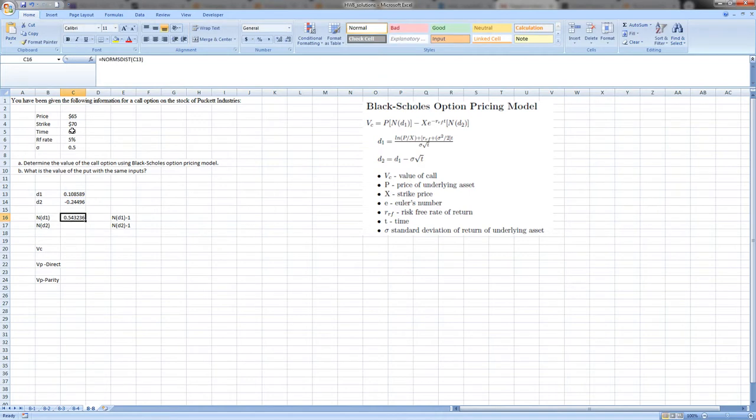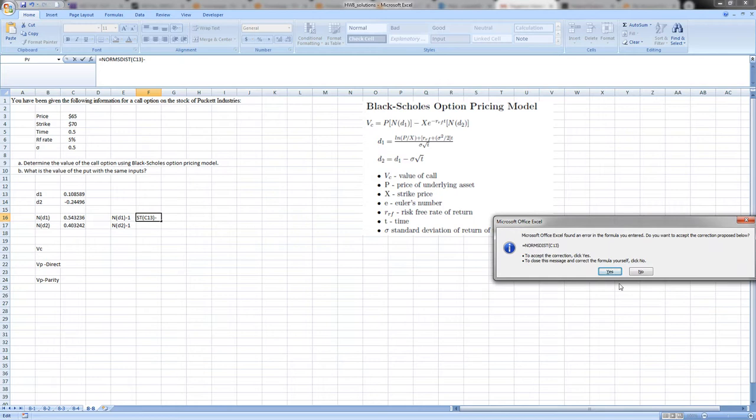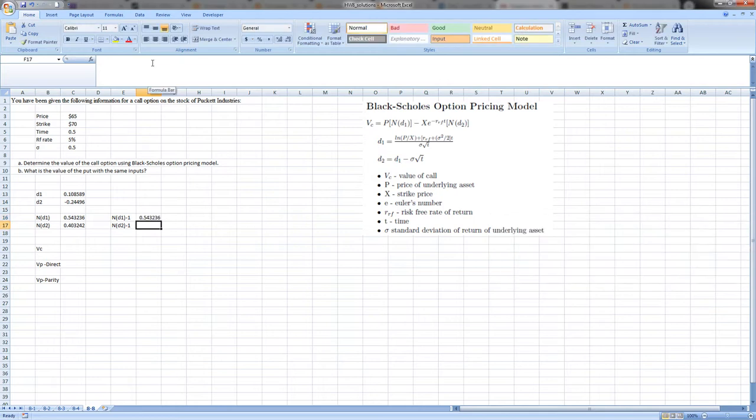D1. We'll just copy that over. For here, we're going to subtract 1. And we'll use that later for the put.